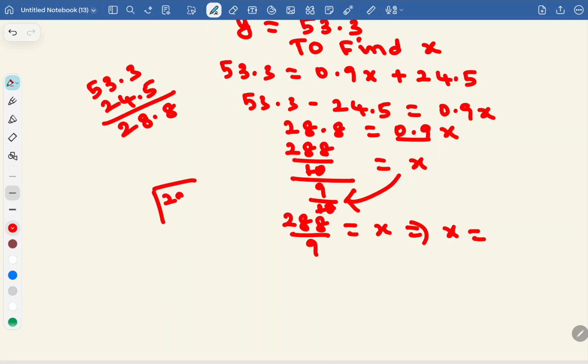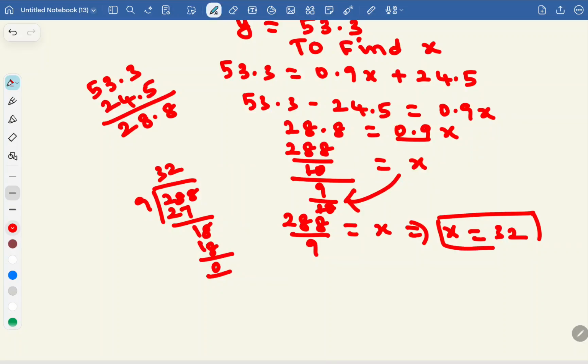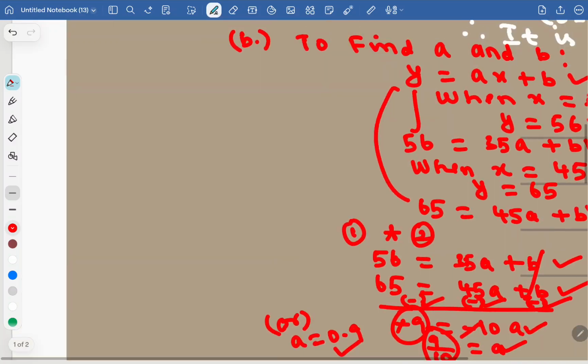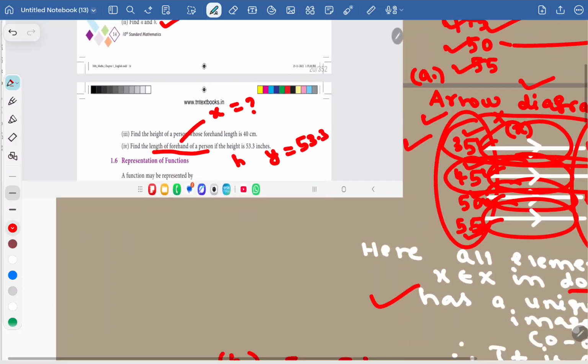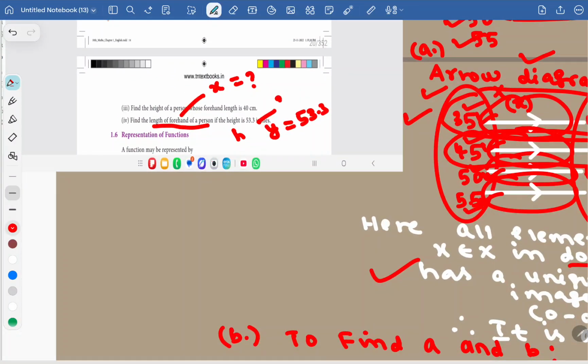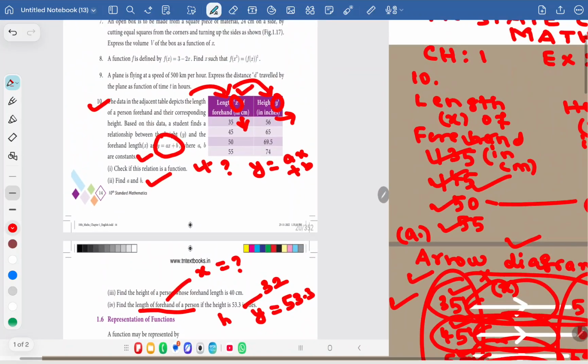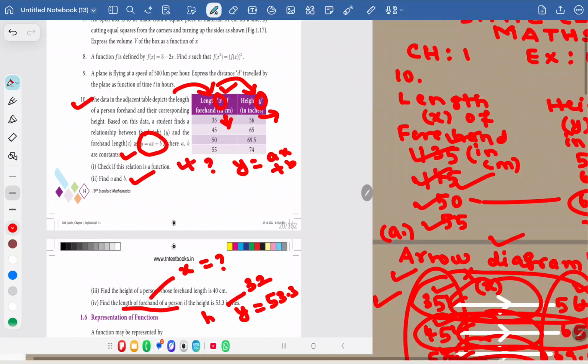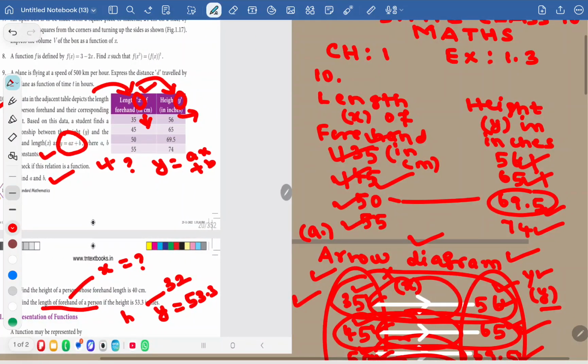Divide 288 by 9. 9 3s are 27, 18, 9 2s are 18. Therefore, x equal to 32. For the fourth subdivision, problem number 10 in exercise 1.3, the answer is 32.